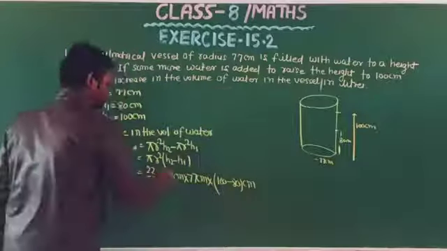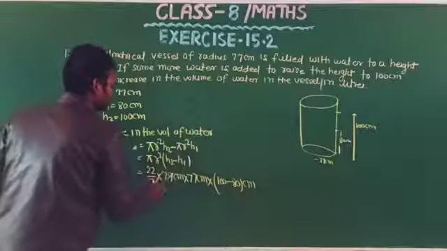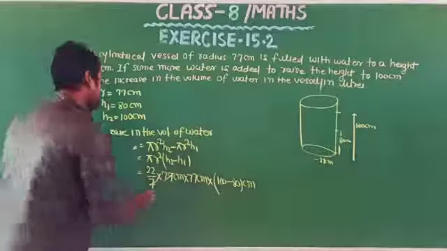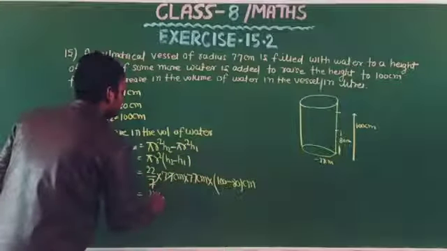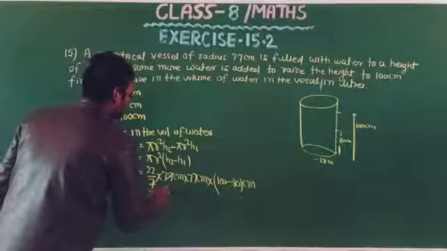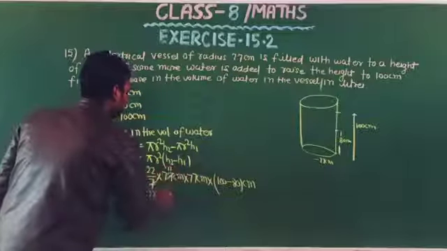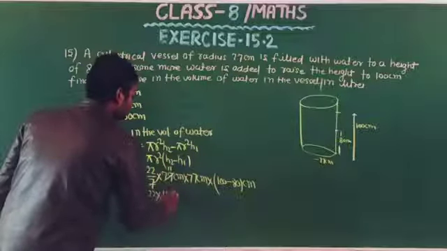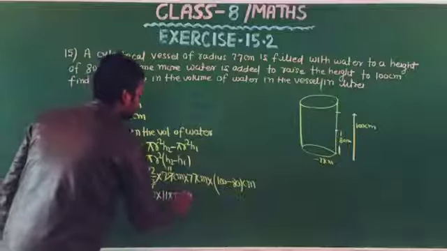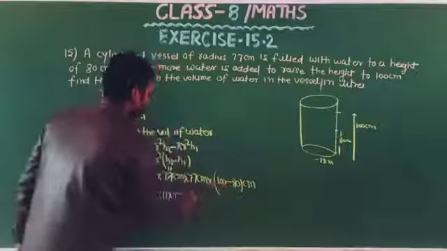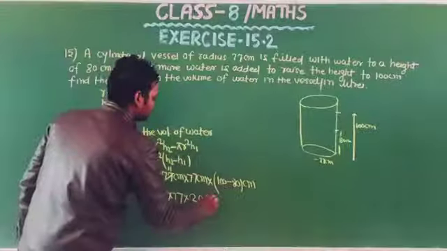Here we can cancel 77 by 7, so remaining is 22 into 11 into 77 into 20 centimeter cube.